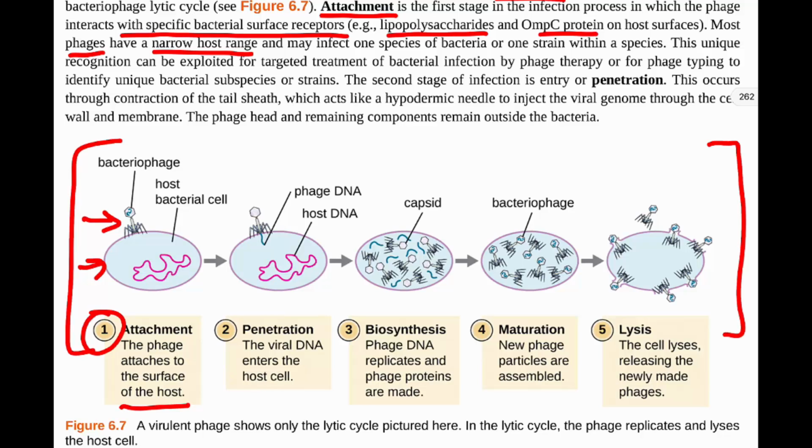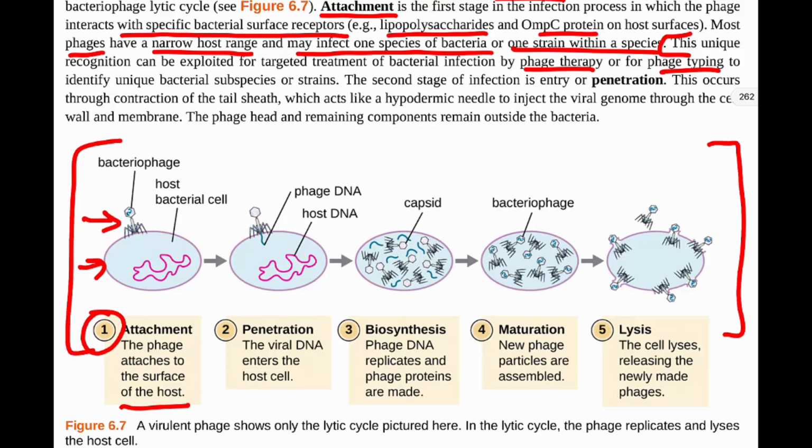Specifically, bacteriophages are very narrow and may infect only one species of bacteria, or even one strain within a species. They mention here that this can be exploited for targeted treatment of bacterial infection by phage therapy or by phage typing. We're going to take a closer look at those kinds of things toward the end of the chapter.